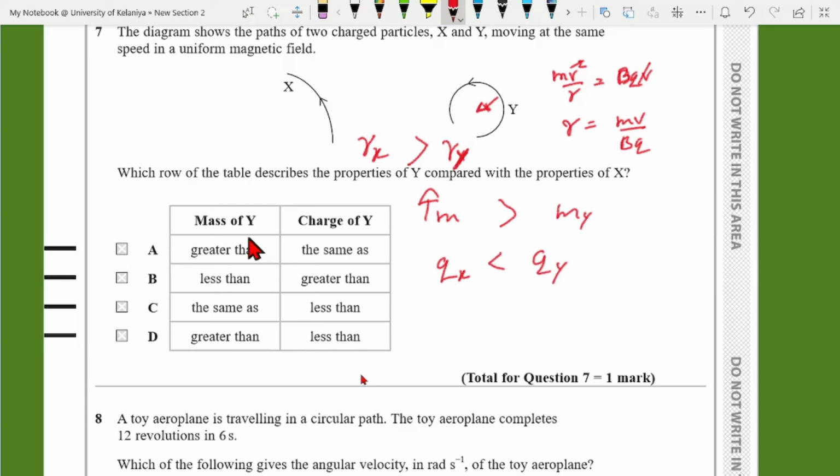Here they are asking about the mass of y and the charge of y. So the mass of y should be less than, and the charge of y should be greater than. So the answer is B, right? B. I hope you got my idea.